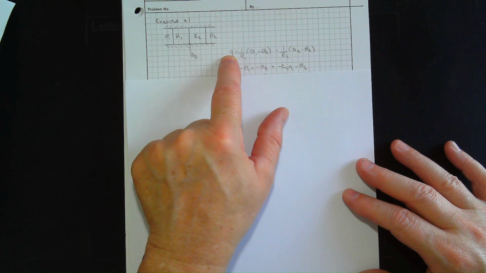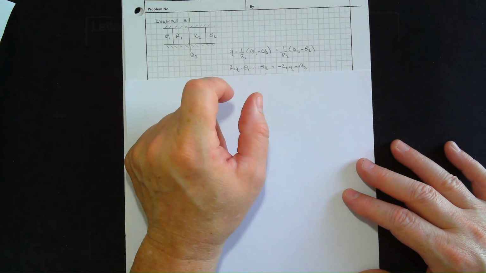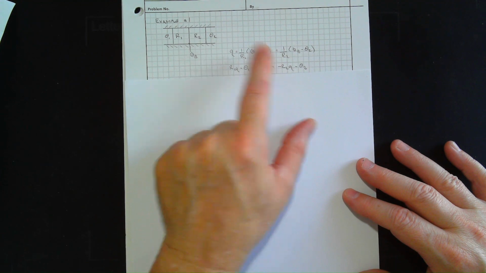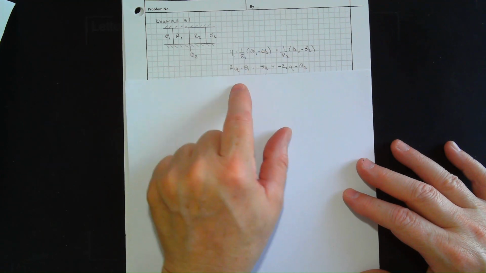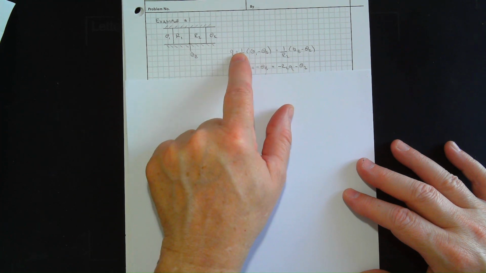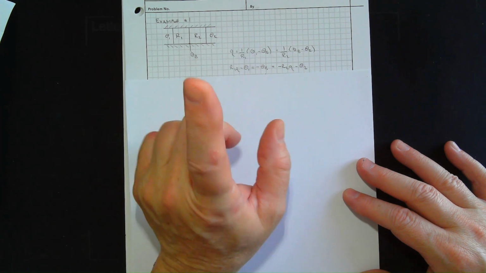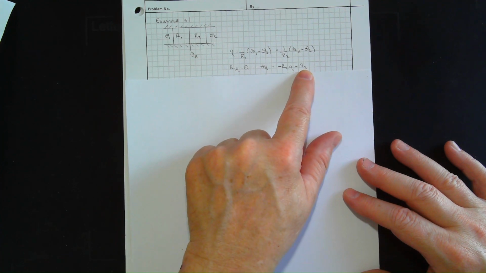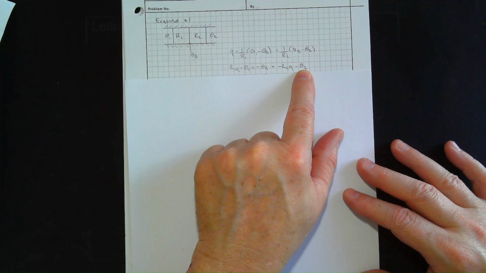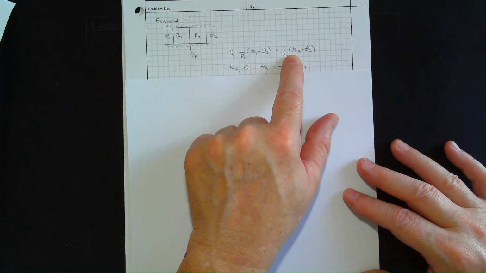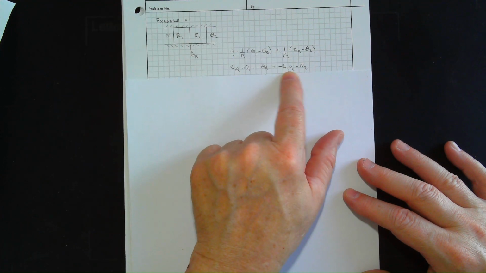So let's multiply through by R1, and we'll do the same for R2, and we'll solve the equation for theta B. So we have R1 Q, and I'll bring the theta 1 to the other side. Likewise, we'll have R2 Q, and we'll bring the theta 2 to the other side. But we need this to be negative, so we'll adjust the signs accordingly.